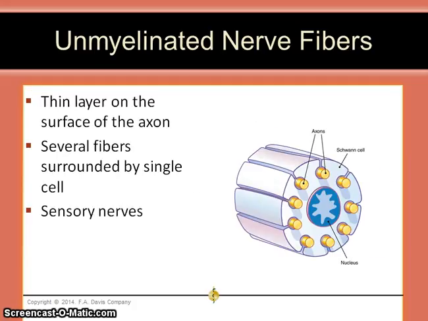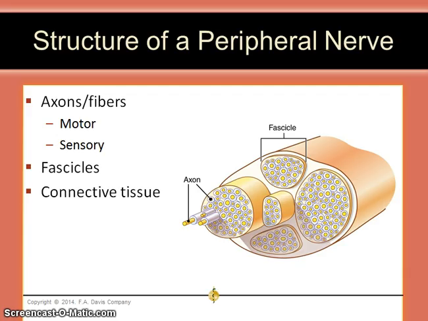Unmyelinated nerve fibers consist of a thin layer on the surface of the axon. Several fibers are surrounded by a single cell. These are sensory nerves. The structure of a peripheral nerve consists of axons and fibers which can be either motor or sensory.